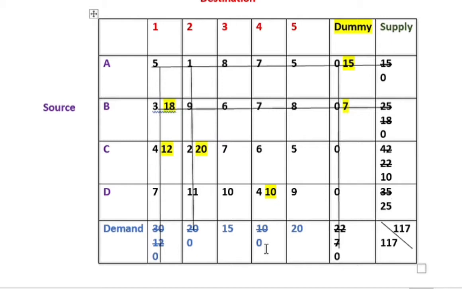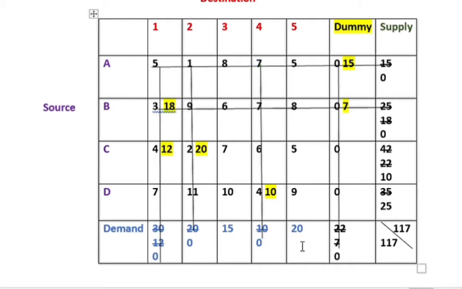Now here is a 0 demand, so this column will get cancelled now, as the 0 demand is left.